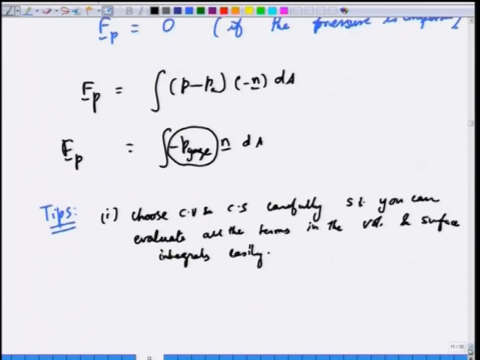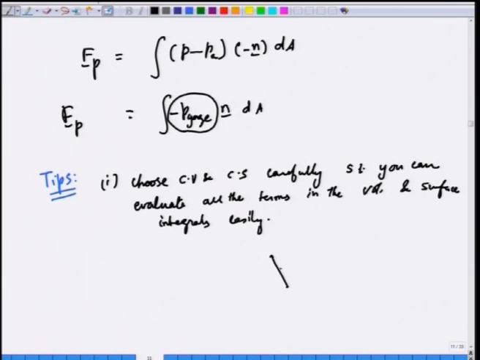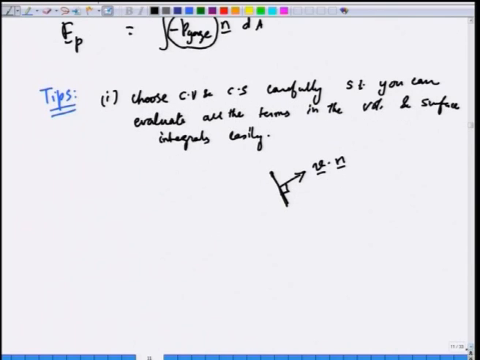One tip is that whenever you have flow in a direction, you choose the CS such that it is normal to the flow, so that V dot n becomes a simple quantity to calculate. That is one thing.